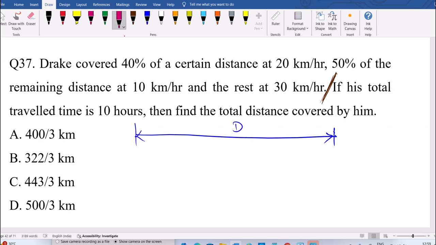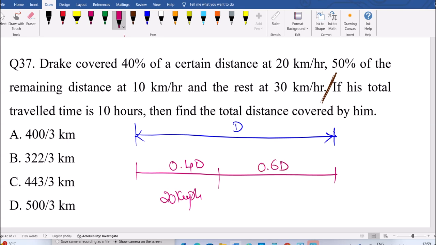Total distance is D, so 40% means 0.4 of D, with what speed? 20 km per hour. Remaining is 0.6 D, but among that 50% means 0.3 D, with 10 km per hour.